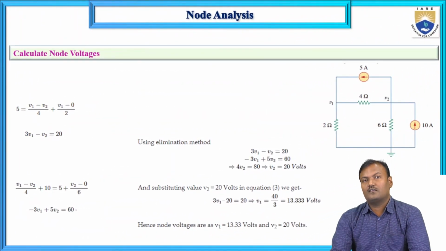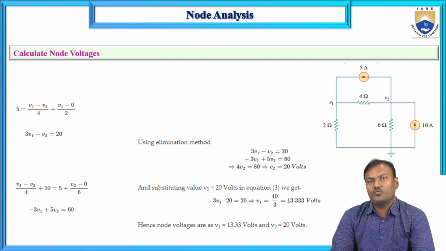Another type of problem here considers two current sources. Previously we calculated nodal voltages when two voltage sources are present, and when one voltage source and one current source are present, and now we consider two current sources.